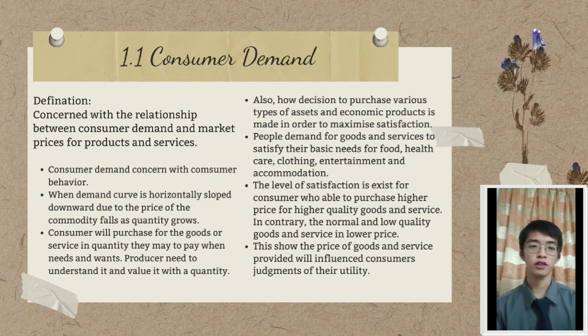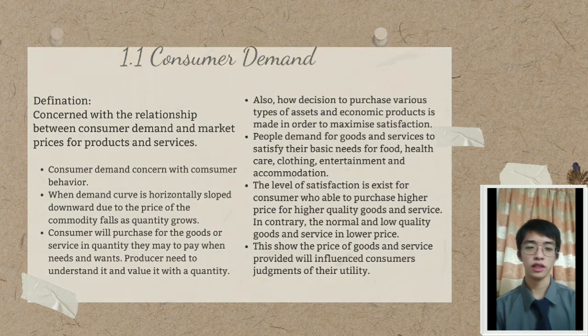The level of satisfaction exists for consumers who are able to purchase higher quality goods and services at a higher price. In contrast, normal and low quality goods and services are at a lower price. This shows the price of goods and services provided will influence consumer judgment of their utility.